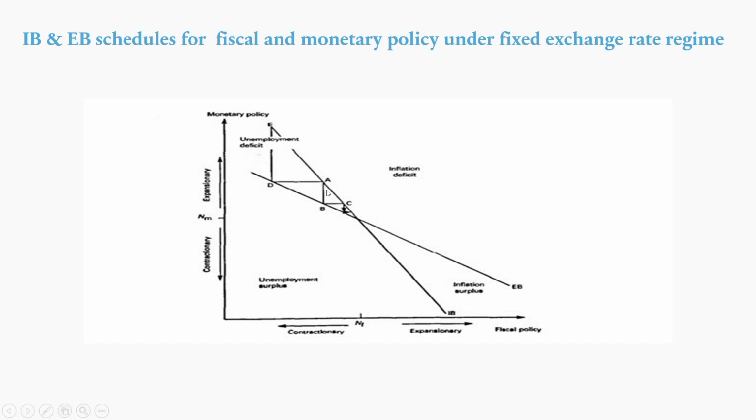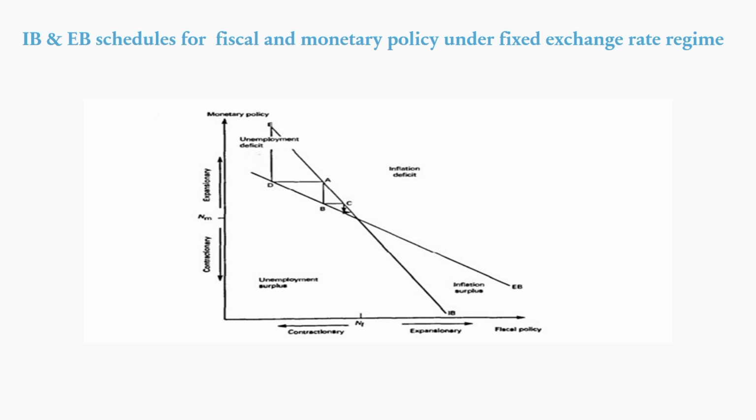In this diagrammatic approach of the assignment problem, first we will clear up certain terms and then we will go on to the process, which is the stable and convergent process and the unstable and divergent process. First, as you can see, the EB schedule with a negative slope means that expansionary fiscal policy causes a net deterioration in the BOPs, which basically shows the income effect dominates the interest rate effect.